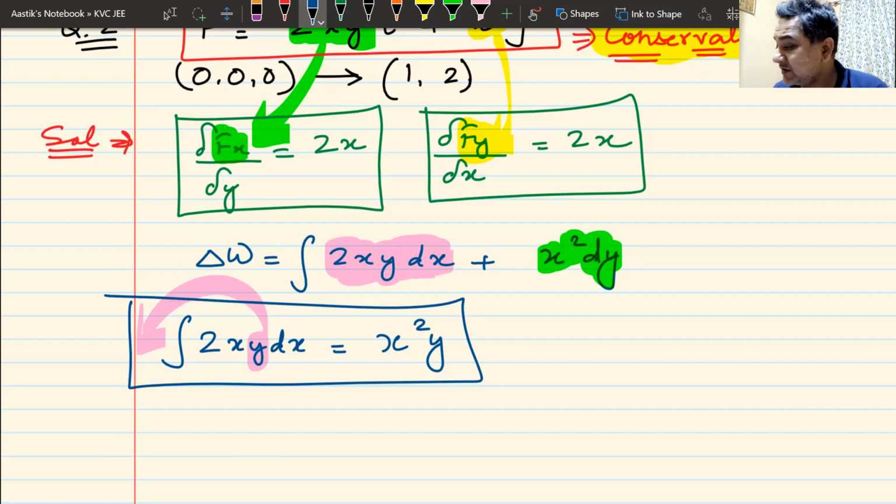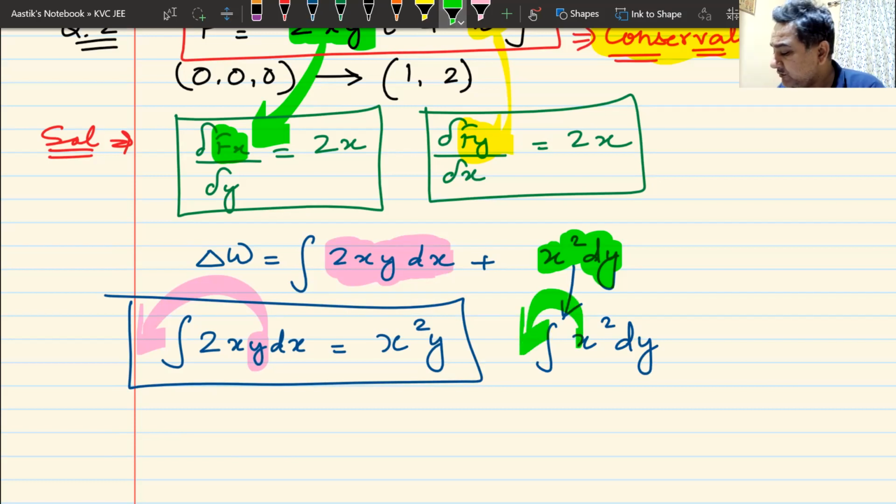I repeat the same step with this one. I take this integral of x square dy. Assume that x is a constant. If x is a constant, it jumps out. I only have the integral of dy, and the integration of dy is y.